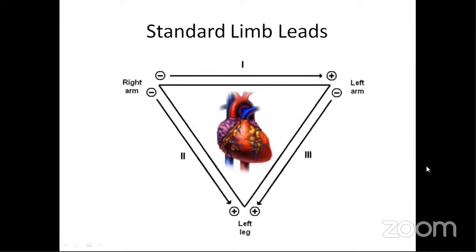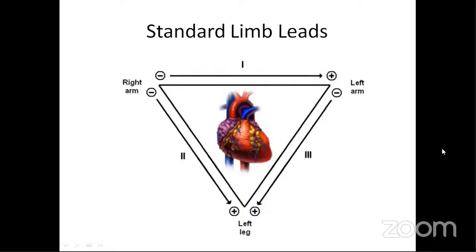What is a standard limb lead? Lead 1, lead 2, and lead 3. Lead 1 is connected between right arm and left arm, lead 2 between right arm and left leg, and lead 3 between left arm and left leg.